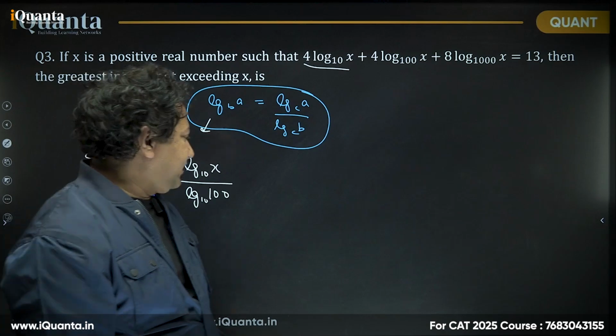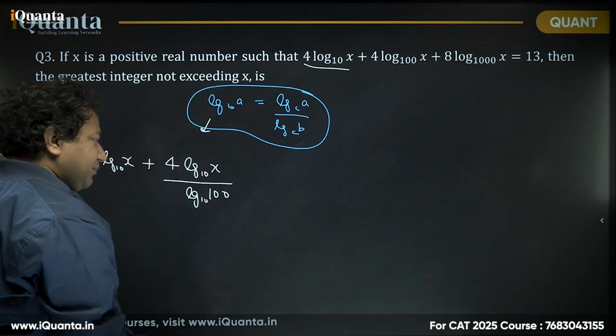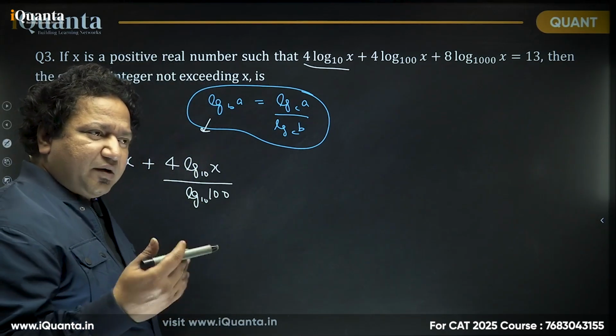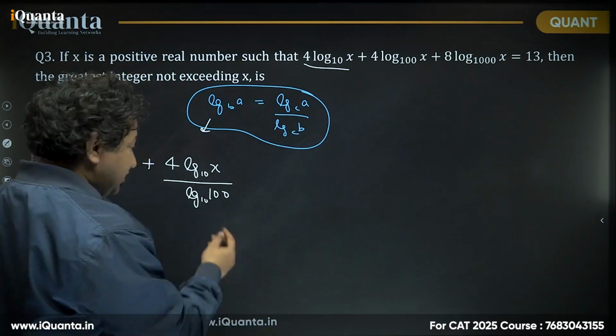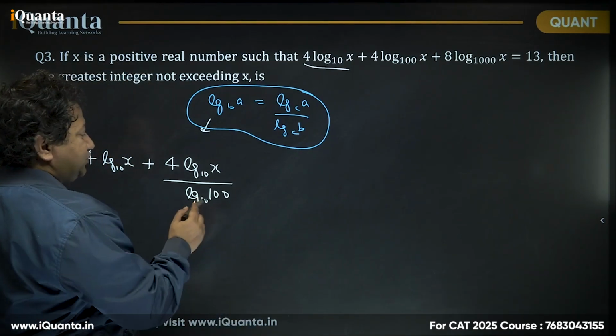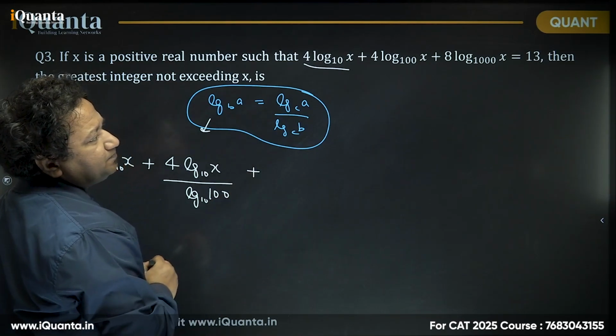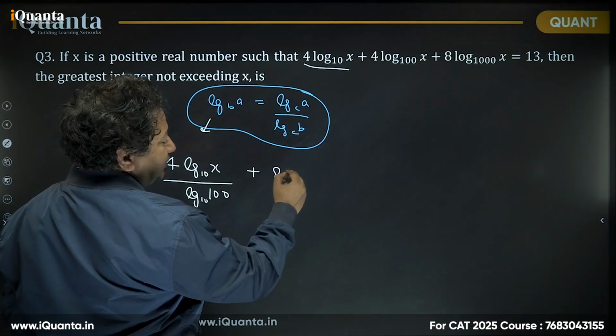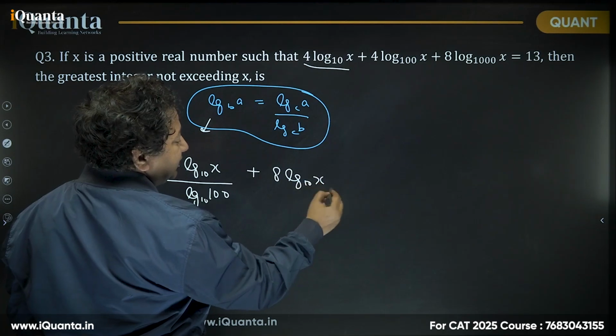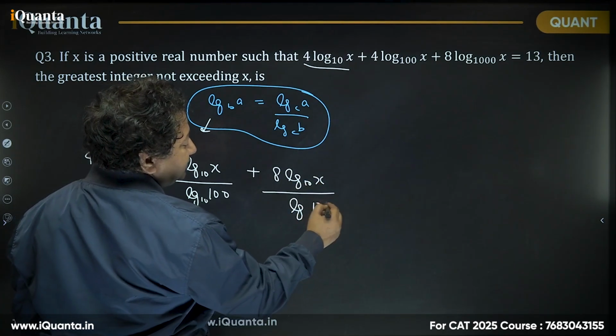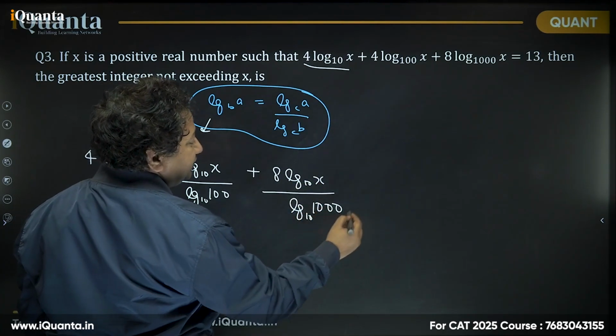This will be making my life easier, because log 100 base 10, in which power of 10 do we have 100? It's 2. So log 100 base 10 will be 2 directly, and this 2 will cancel 4 two times. So I'll be at an easier stage. Now 8 log x base 10 upon log 1000 base 10. This is equal to 13.